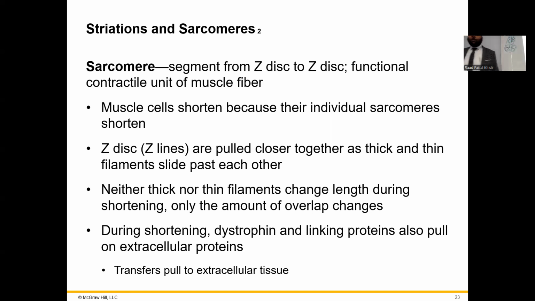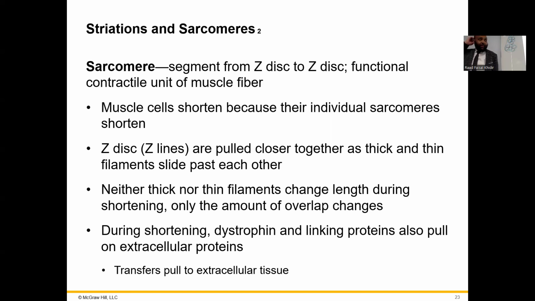Okay. So from Z disc to Z disc, what do we have? That is our sarcomere. So the muscle cells shorten because their individual sarcomeres get shorter. The Z discs, or Z lines, are pulled closer together as thick and thin filaments slide past each other.